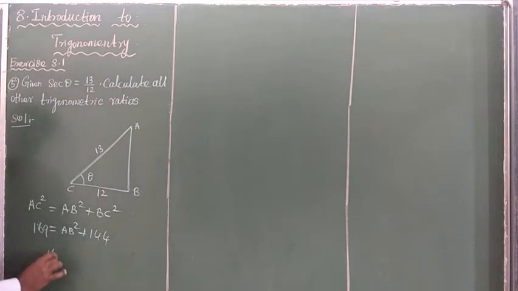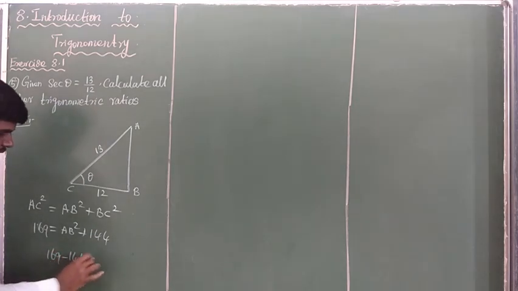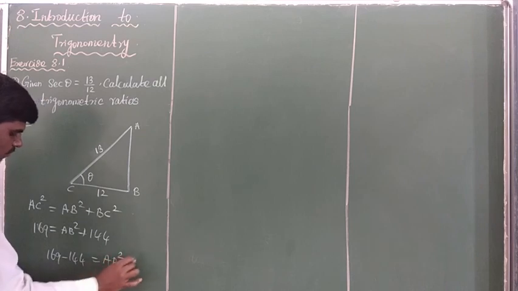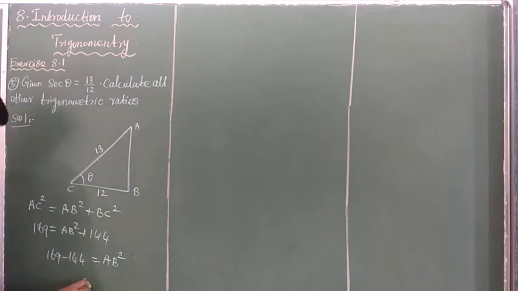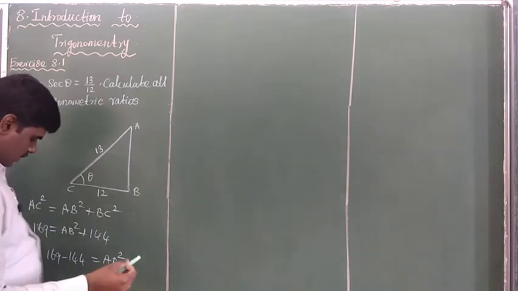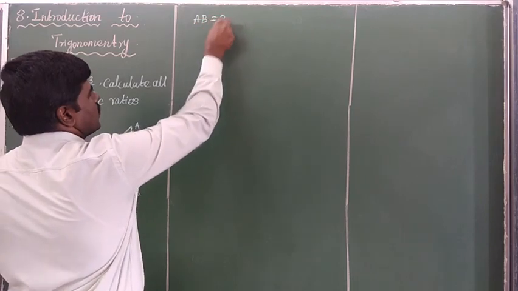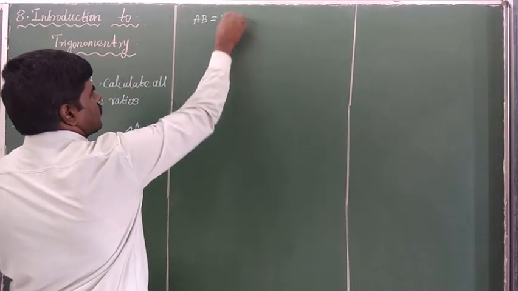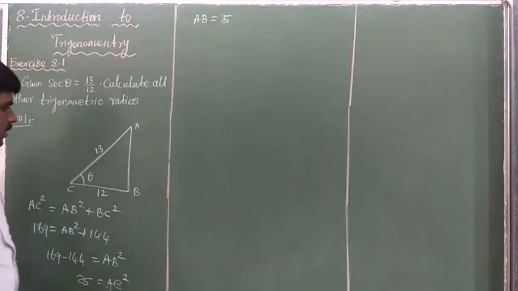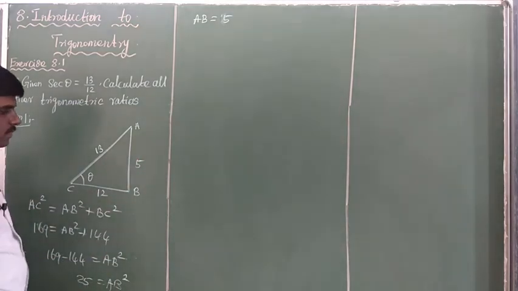Just simplify: 169 minus 144 is equal to AB square. What are your conclusions? 25 is equal to AB square. AB is equal to 5. Here AB is equal to 5.